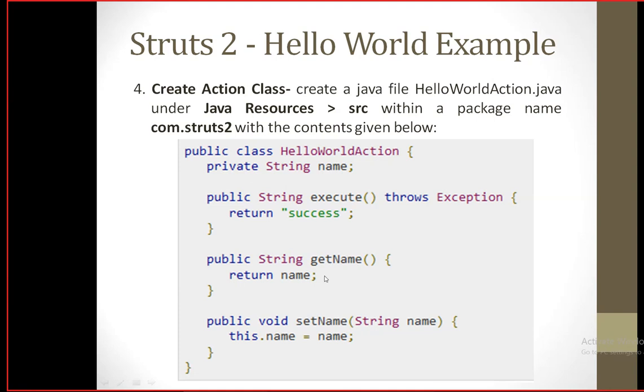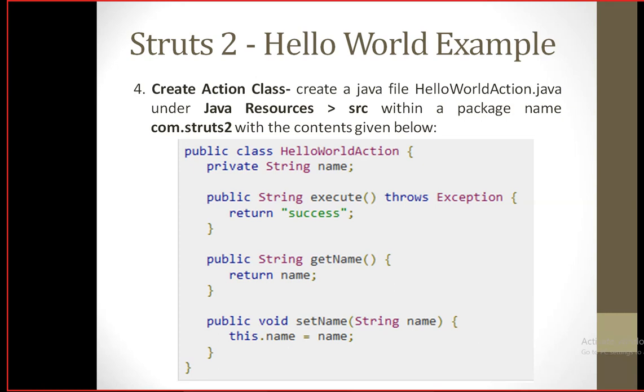Here we have the getName function, which will return the name. Similarly, whenever the data is submitted to the action class from the form, then automatically the setter function will use that data to initialize the data member of the action class. So that is the setter function of the action class.